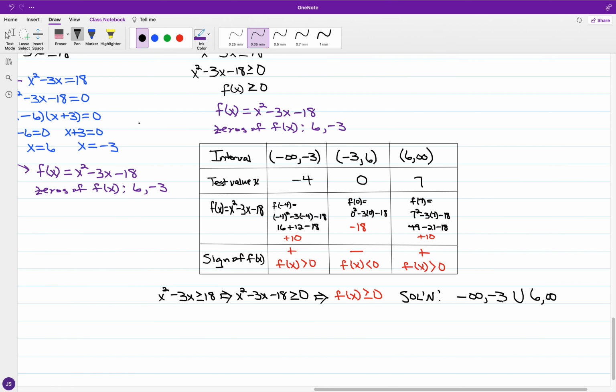With the equal sign there could be brackets, but for the infinities, negative and positive, we have parentheses exclusively. The negative 3 and the 6 create the equal-to part, and negative 3 and 6 are part of the solution, so those are going to be in brackets.